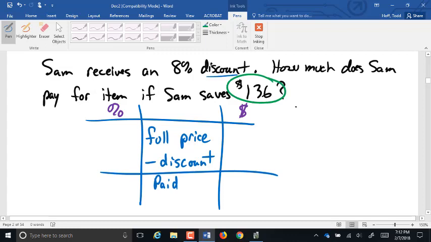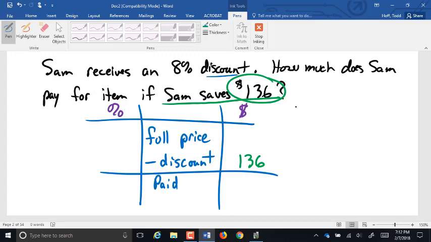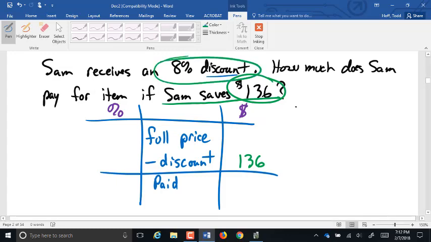We have the $136. What does that describe? How much Sam saves. That's the discount. So the amount of the discount is $136. The 8% represents, that's also the discount, right? On the percent side, there's an 8% discount.